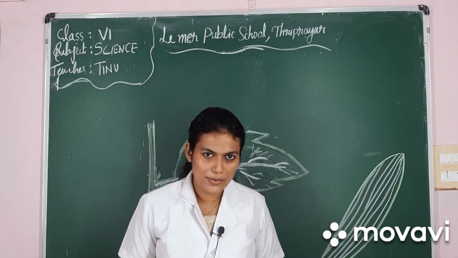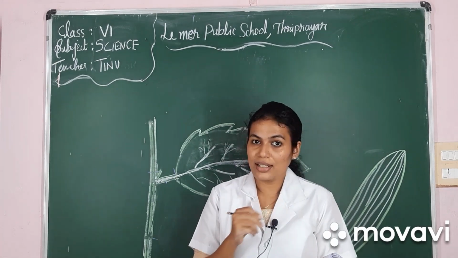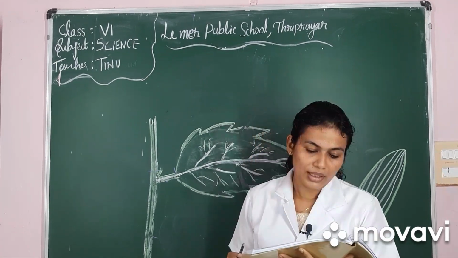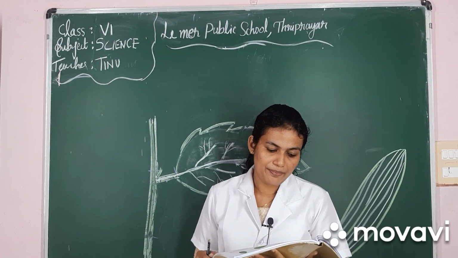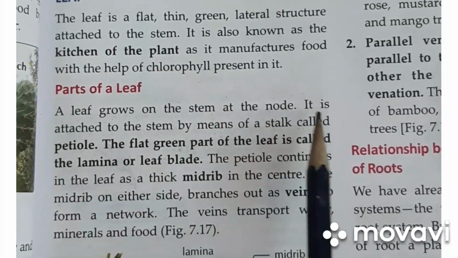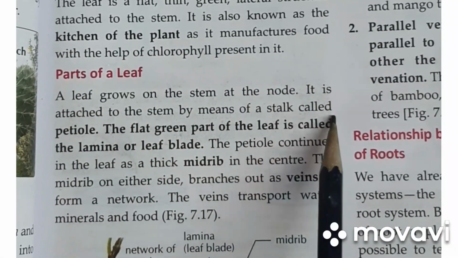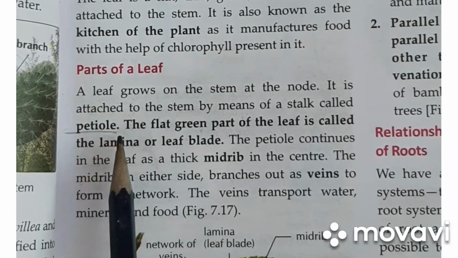Now let's go through the textbook, page number 61. The teacher will read the portion. Kindly underline the important points. Parts of a leaf. A leaf grows on the stem at the node. It is attached to the stem by means of a stalk called the petiole.